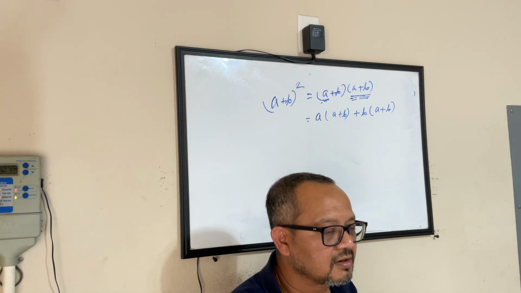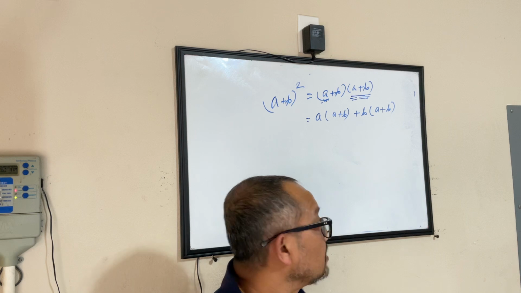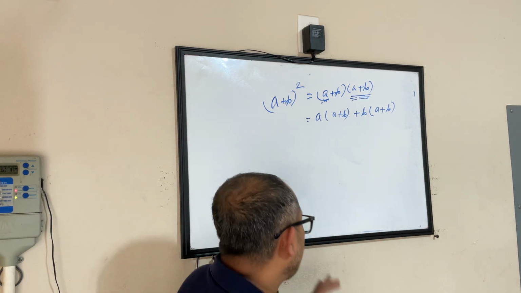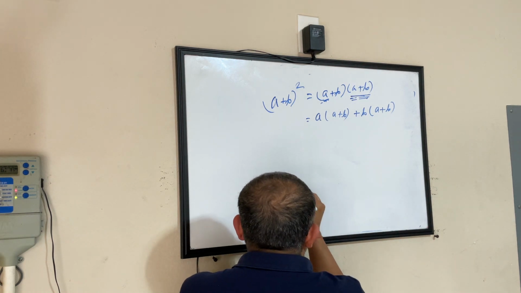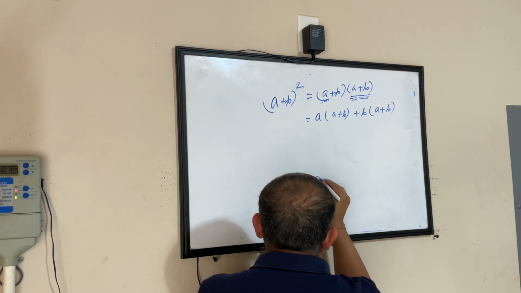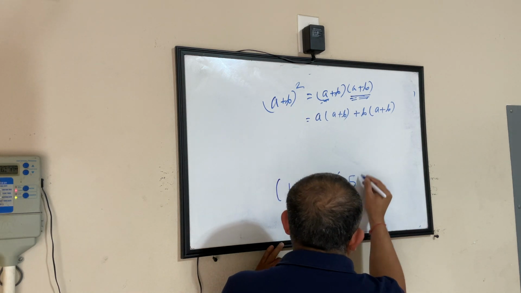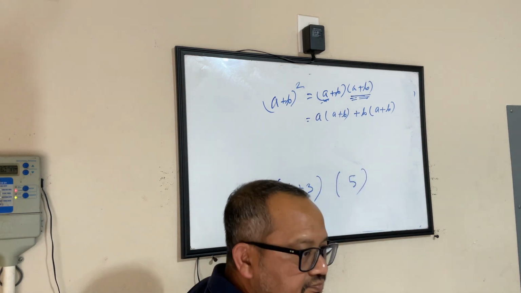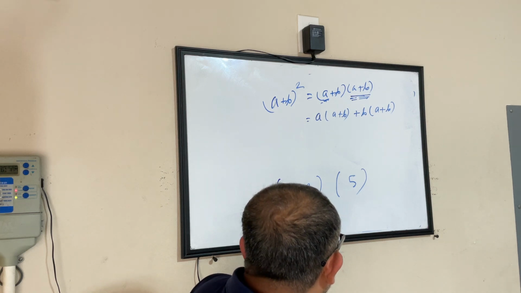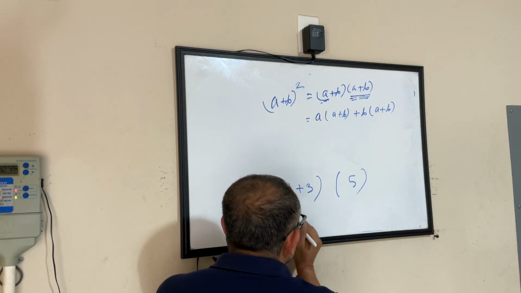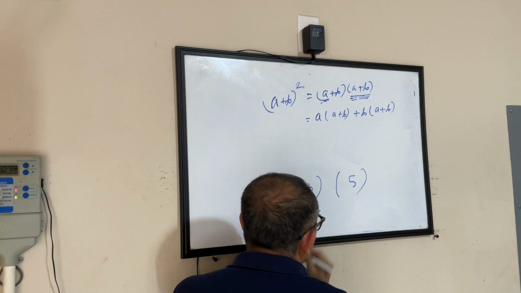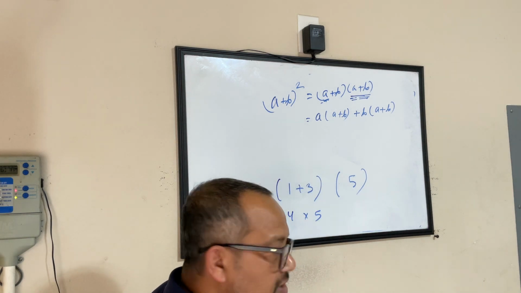Advik: Can you tell me how you exploded the brackets again? Okay, now look at this. If I have (1 plus 3) into 5, what I can do is 1 plus 3 is 4, into 5. That's what it will become.